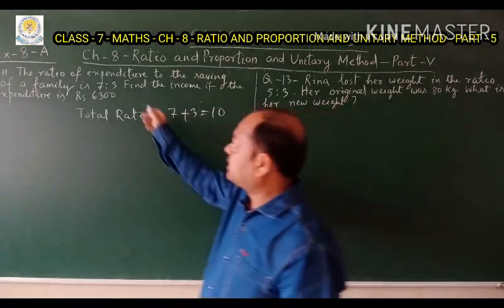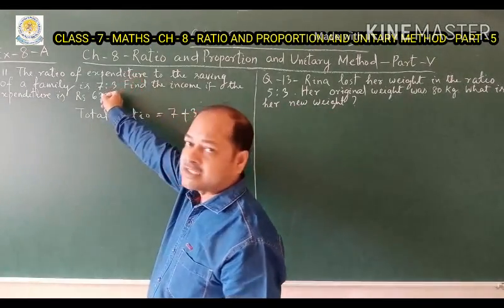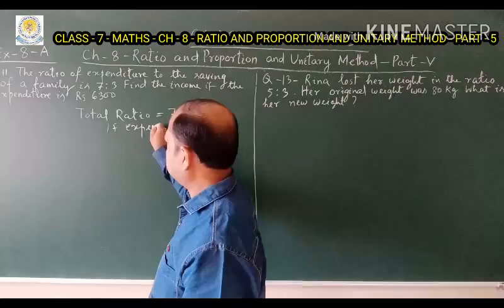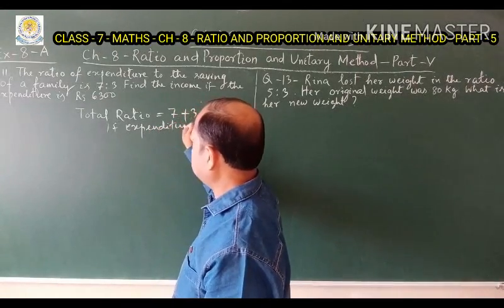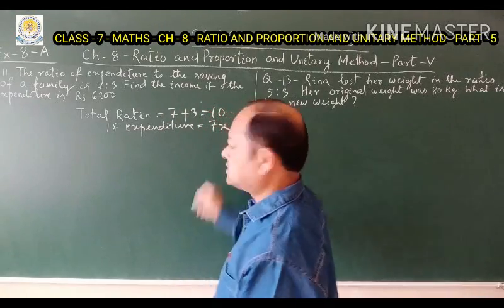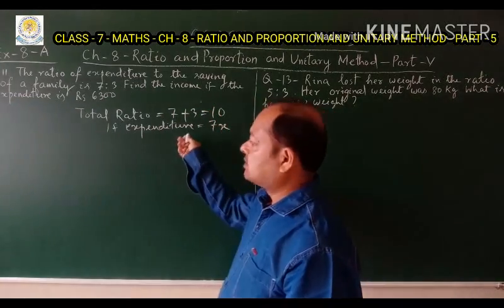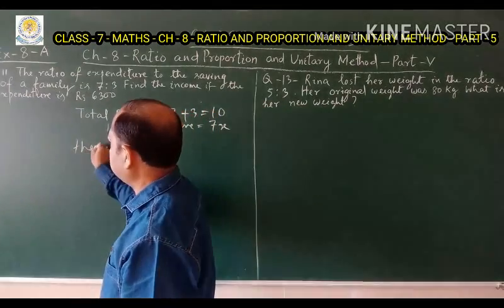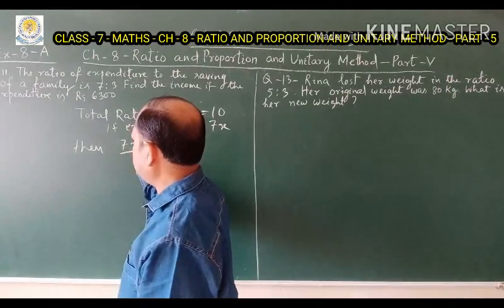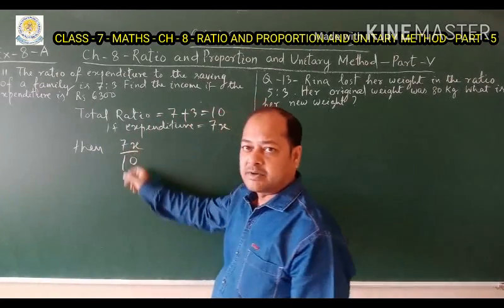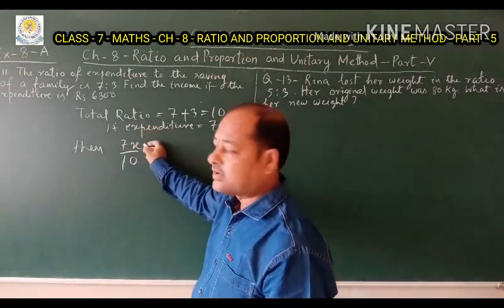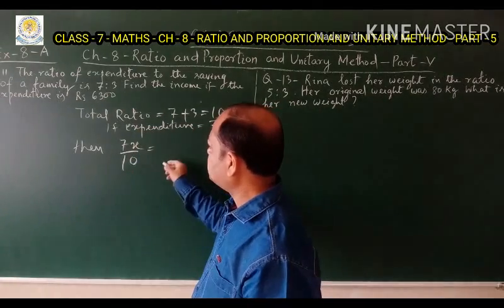Okay, if we take the expenditure as 7x, if expenditure equal to 7x, then what is the ratio equation? Then 7x upon 10. We have to find out 7x upon 10, because x you have to find out. 7x how much?